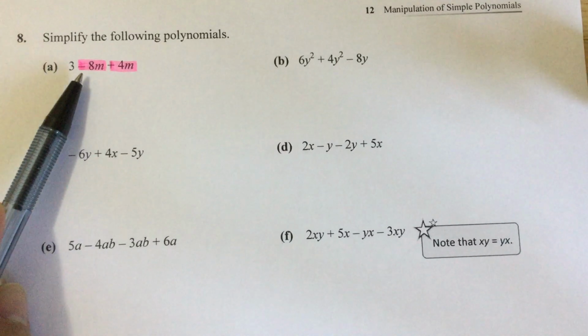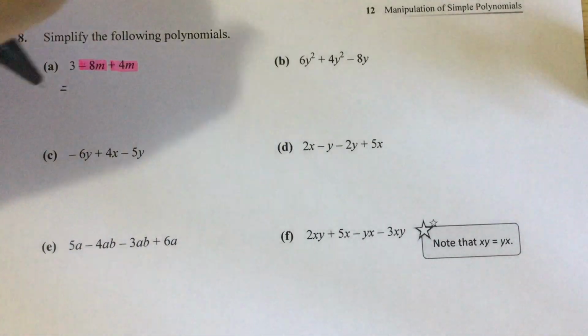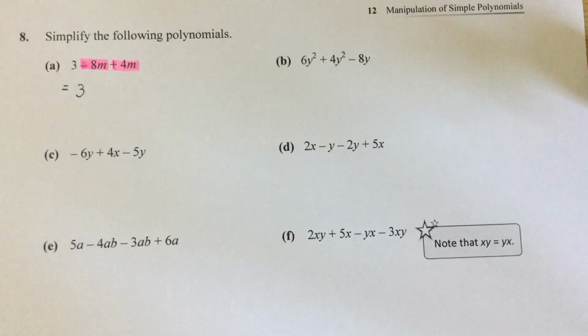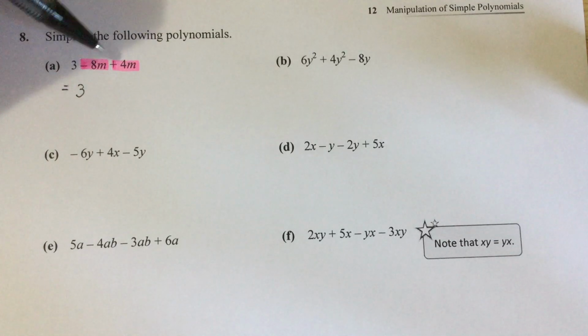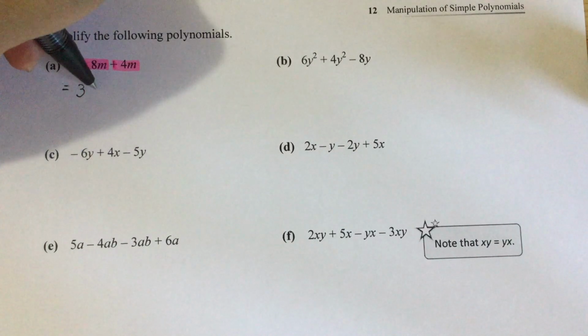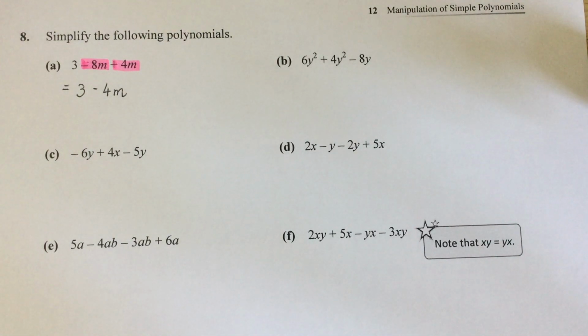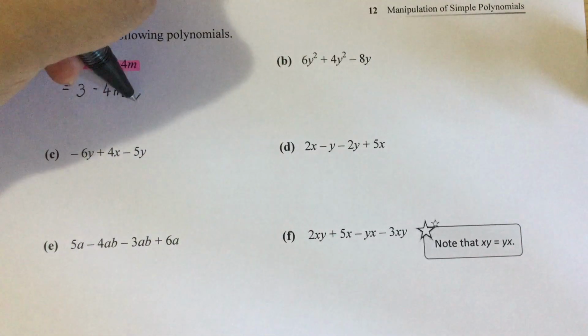Unluckily, 3 is not a like term of it, so we only leave 3 here, and we do not do any calculation for 3. And negative 8m plus 4m means negative 8 plus 4, so this is negative 4m. Do you need to do another part of it? The answer is no. This is the final answer.